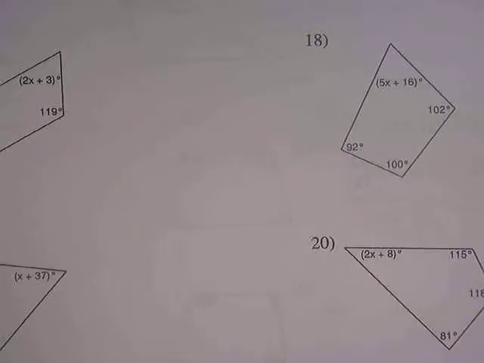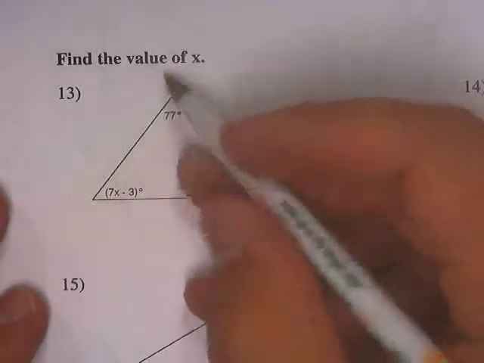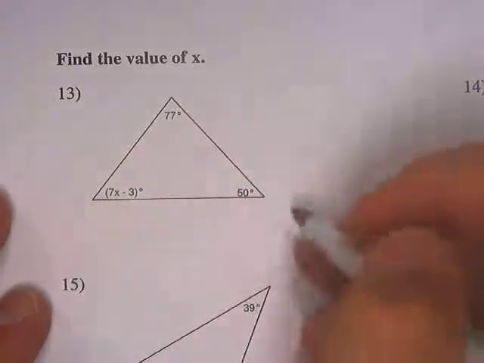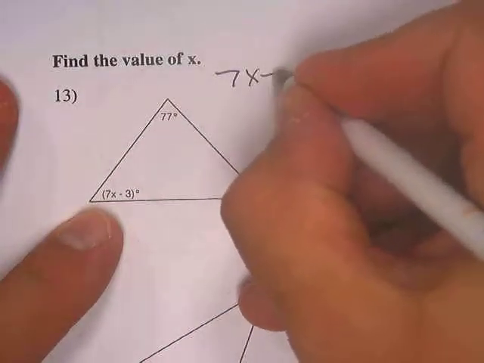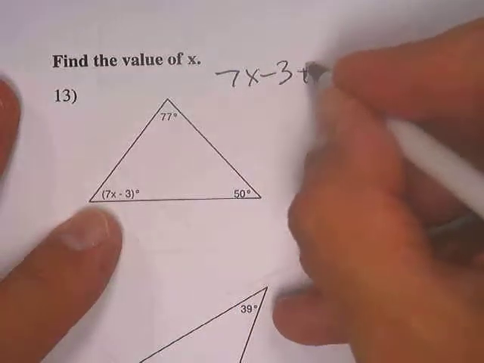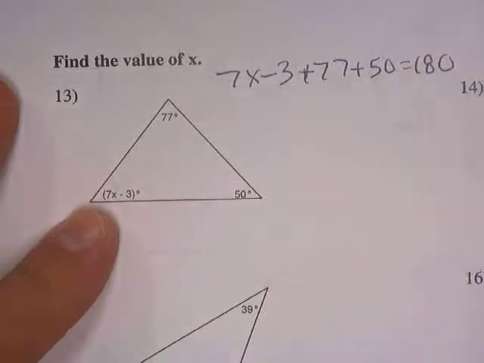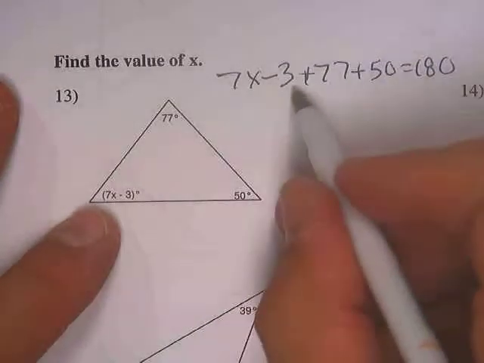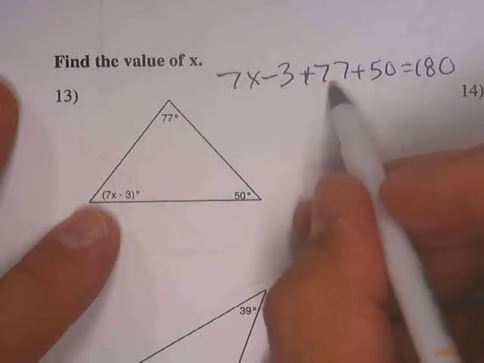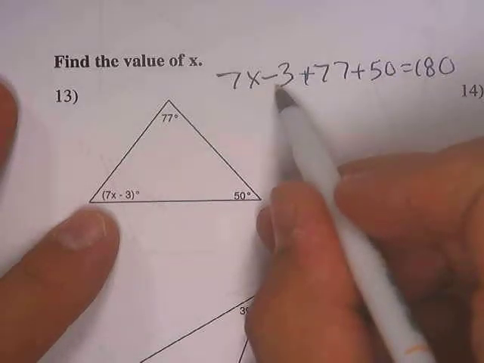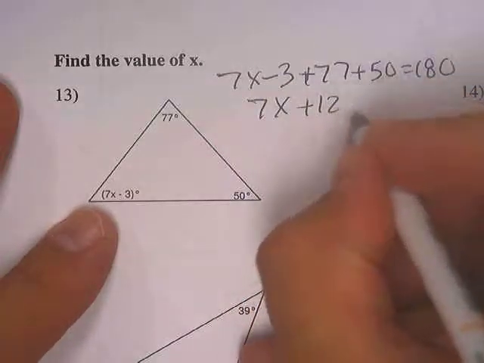All right, turn this over. Now we have some more complicated problems. Let's look at number 13 on the other side. Okay, these add up to 180. So now I have 7x minus 3 plus 77 plus 50 equals 180. I combine all these together. 50 plus 77 is 127, minus 3 is 124.